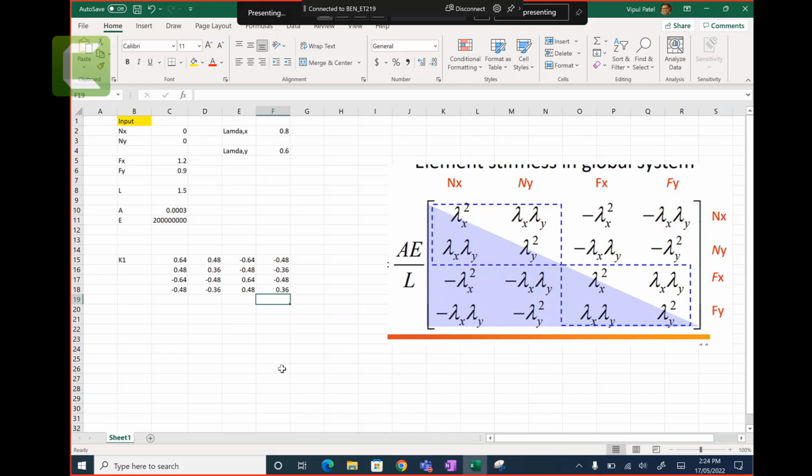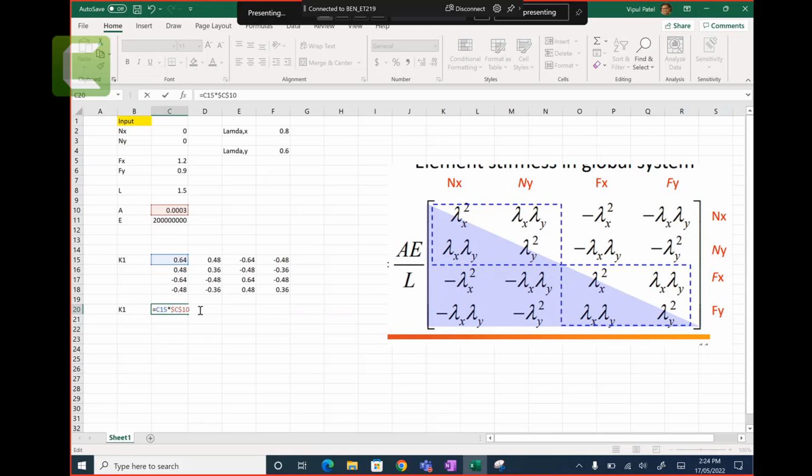All right, everyone got it so far? Now we can just multiply by AE. So let's say K1 equal to 0.64. I think we need to multiply by AE and divide by L. So multiply by area, lock it because we're not going to change that one.